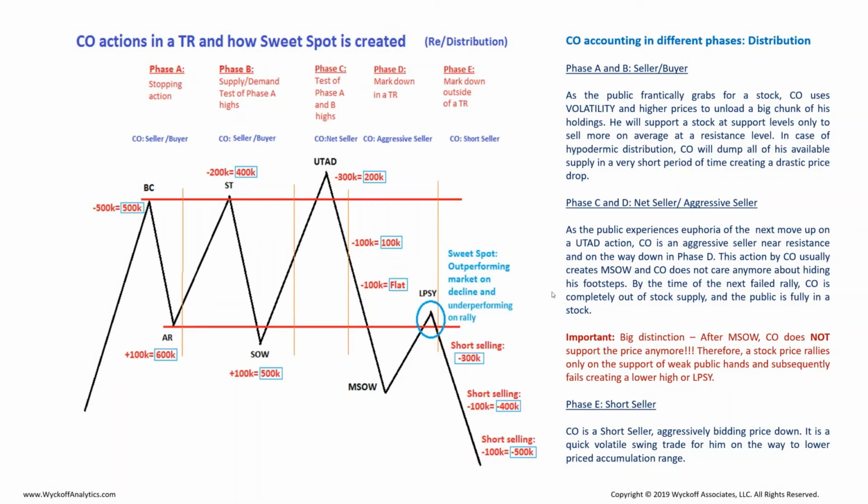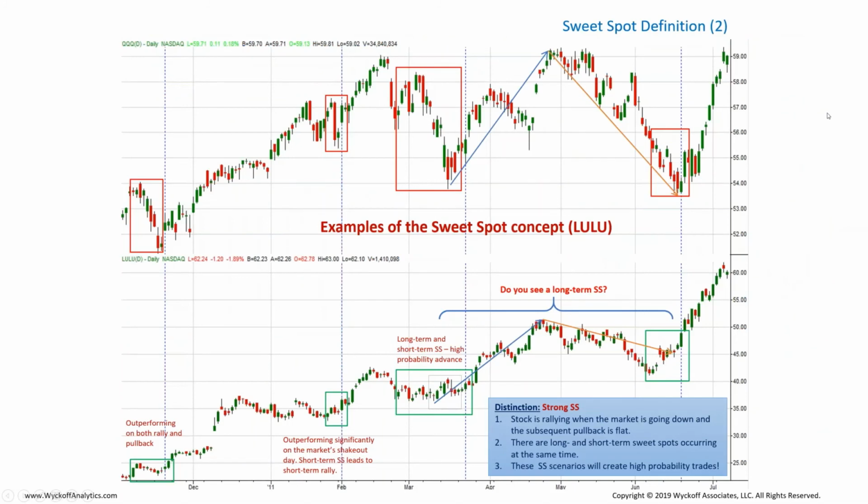Okay, we talked about the sweet spot. Let's talk about the sweet spot a little bit more. So look at this example of Lulu. I'm comparing Lulu to triple Qs, that is the NASDAQ 100 ETF. Look into this area right here, a rally and the reaction.